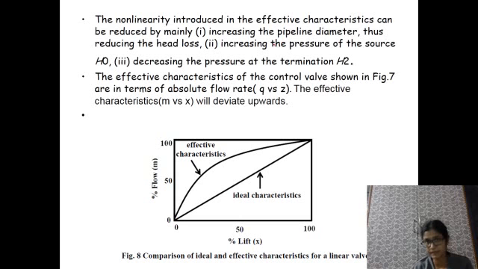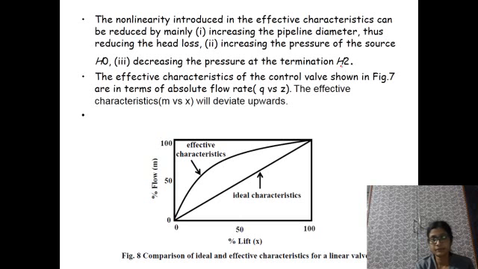Increasing the pipe diameter, that is the D value increases, means the alpha value becomes smaller, thus reducing the head loss, and increasing the pressure of the source H0 and decreasing the pressure at the termination, that is H2.